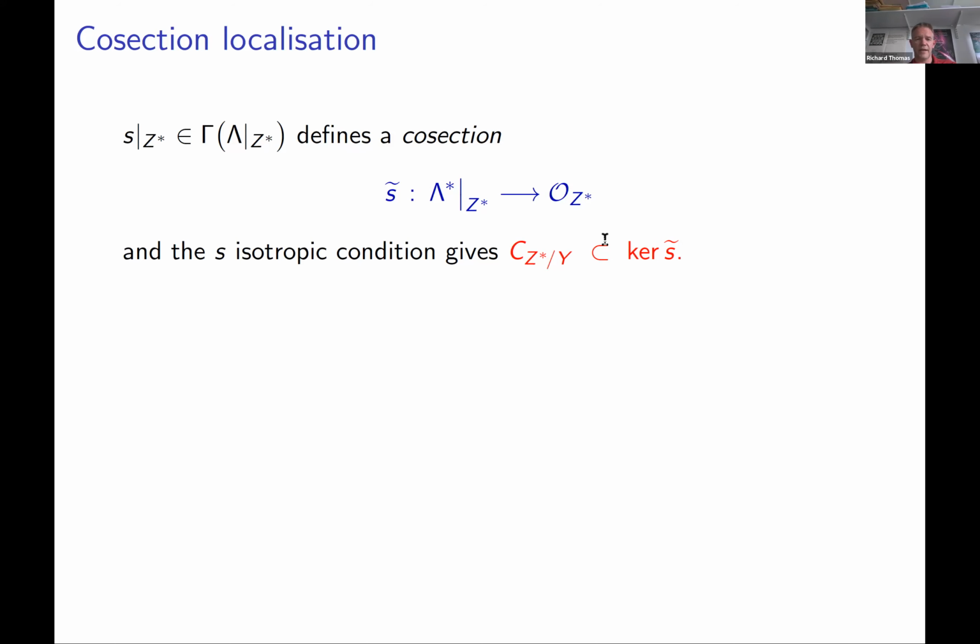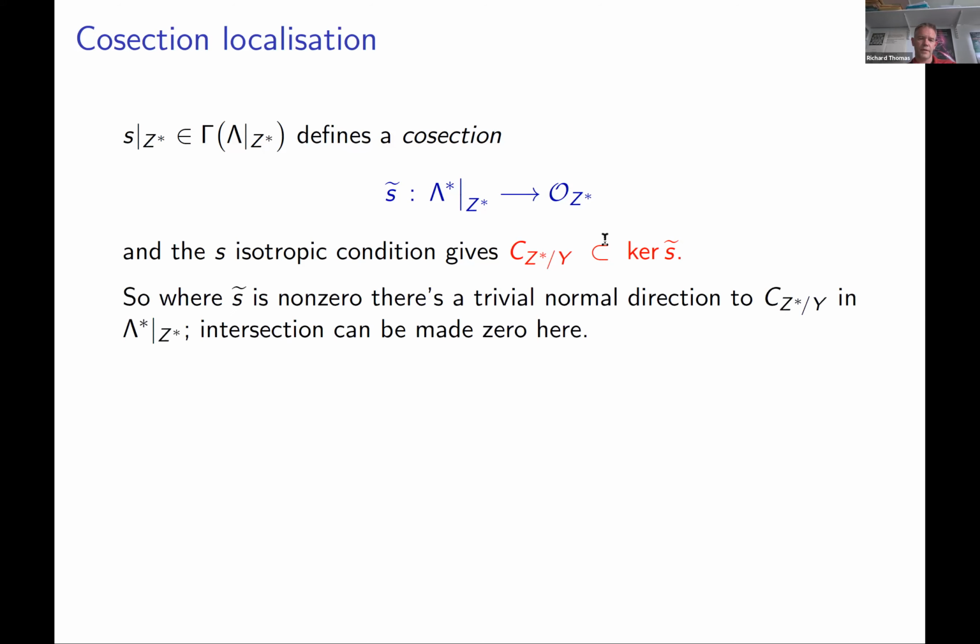So this is where the geometry enters. It says that where this function on the total space of lambda dual is non-zero, there's a trivial normal direction to this cone, because the cone lies in the codimension 1 part of lambda dual, the kernel of S tilde. So you can locally think of lambda dual as splitting into two pieces, the bit that contains the cone, and the bit on which S tilde is non-zero.